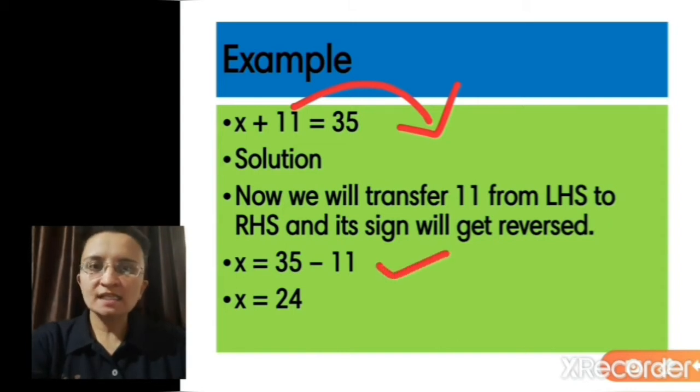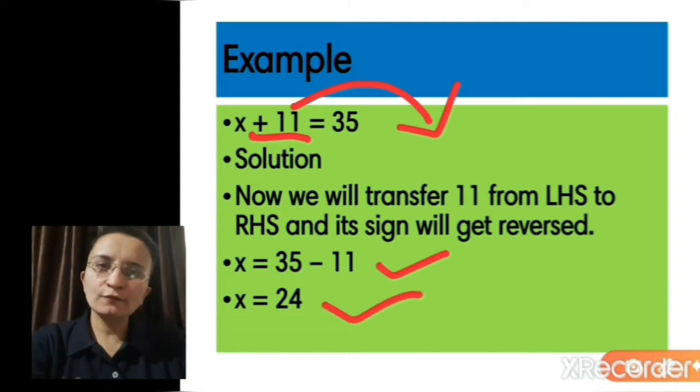As we discussed, positive will become negative and negative will become positive. Here we have plus 11, so if we transfer plus 11 to the right hand side, we will get minus 11. So x equals 35 minus 11. So what is the solution? x equals 24. The answer remains the same in both the methods, but the steps are different.